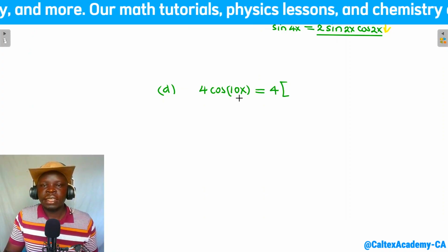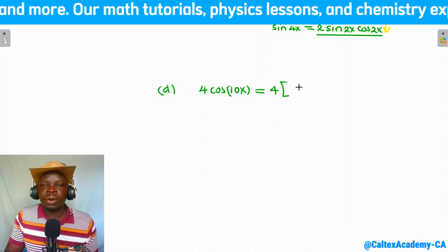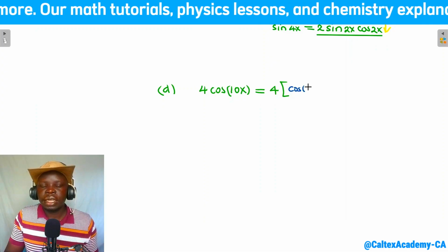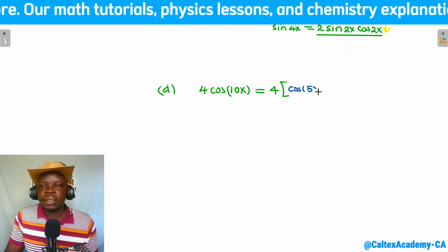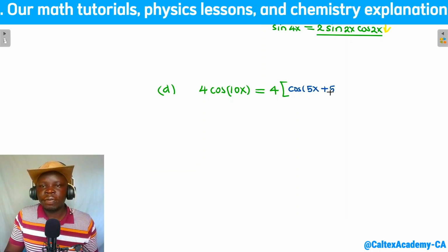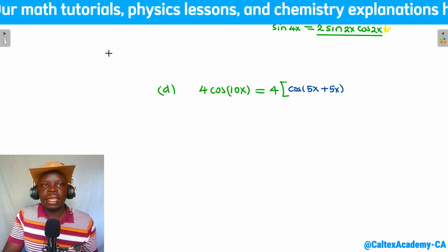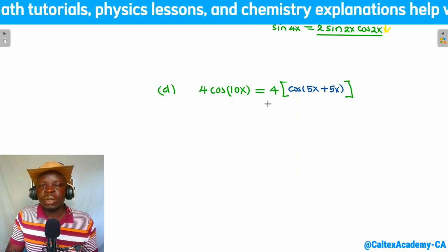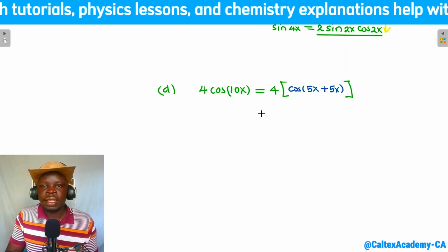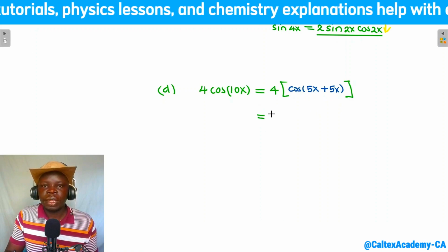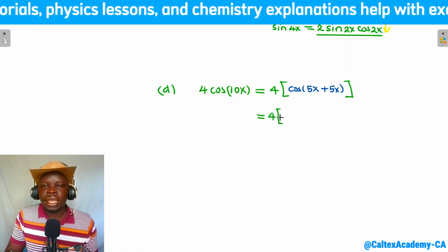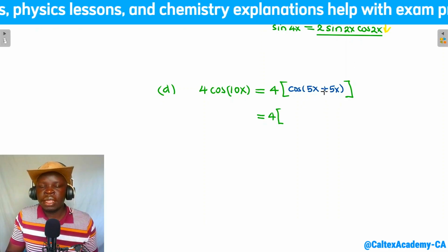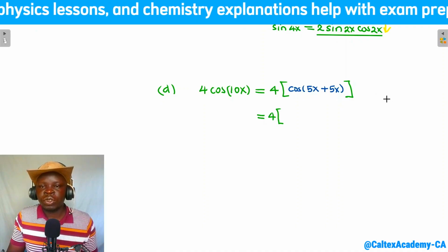So let me write this in terms of the sum of the angles. So we have cos into bracket 10x and we split it into 5x plus 5x. And here we can move on and work on this expansion before multiplying with what we have here. Therefore, if we keep on maintaining our 4 outside here and we make expansion of what is inside here, remember when we are adding, then somewhere we'll have subtraction from our formula.